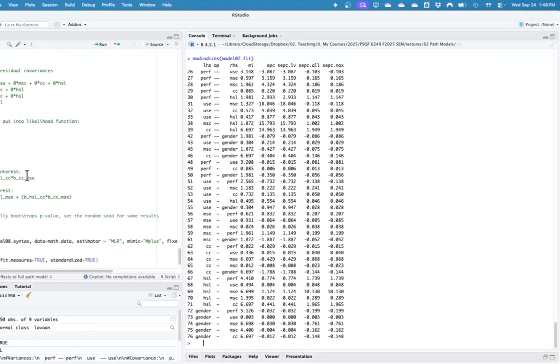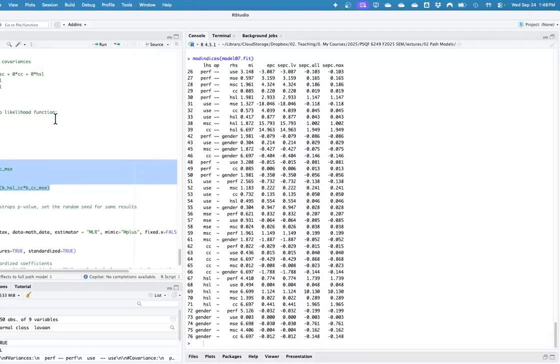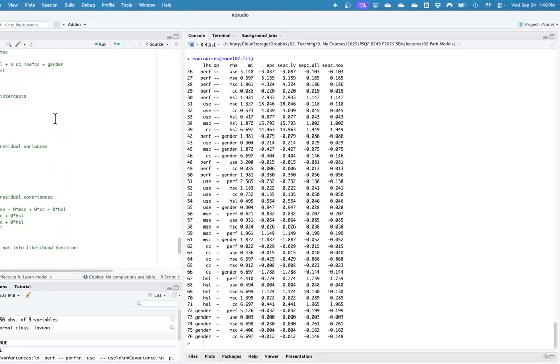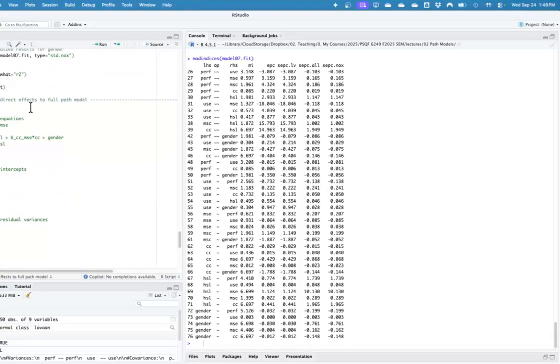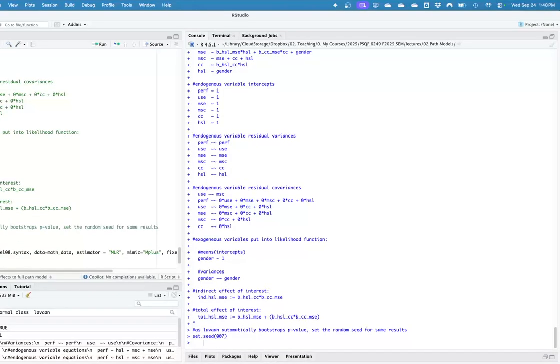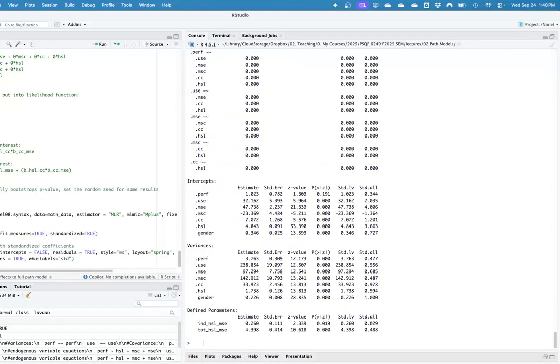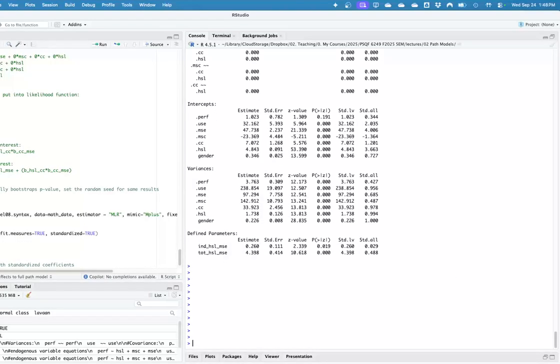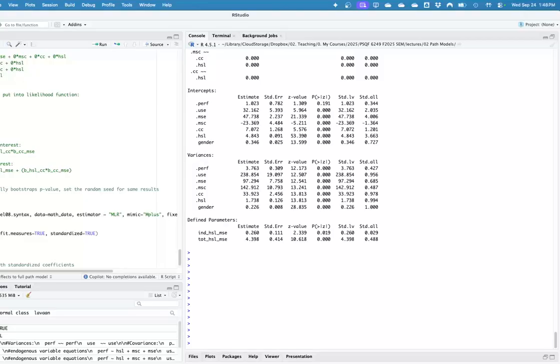My syntax here, you'll see I put those indirect effects of interest at the end of my syntax, but you can put it wherever you'd like. The defined parameters are at the bottom of the screen here. Here we go. So what does this tell us?